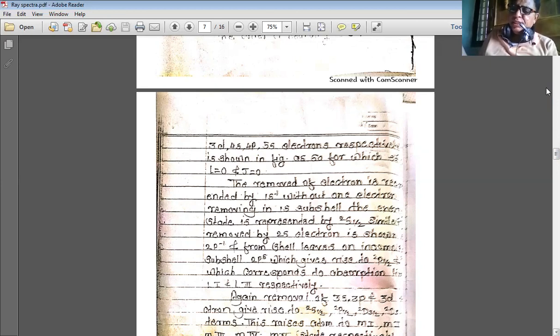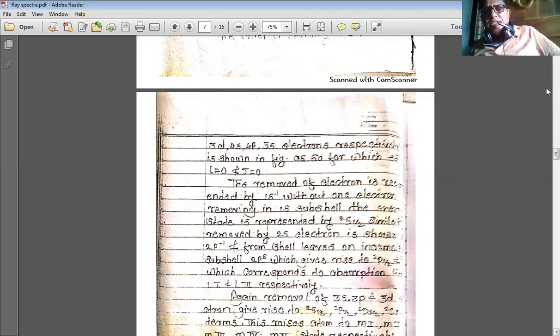The energy state is represented by 2s to the half. Similarly, the removal of a 2p electron is shown as 2p inverse, leaving an incomplete shell 2p raised to 5, which gives rise to 2p half and 2p 3 by 2, corresponding to the absorption limits of L1 and L3 respectively.